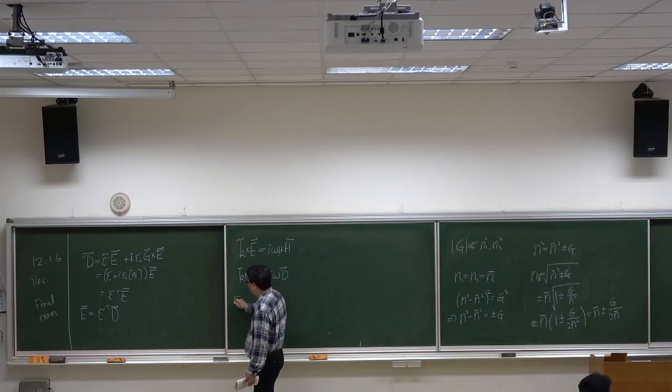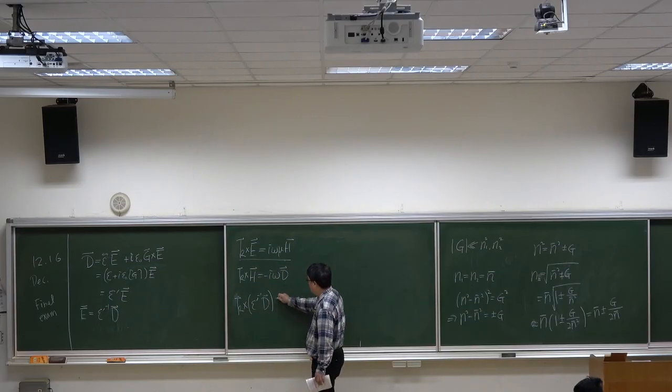So we need to rewrite E here as K cross epsilon prime inverse times D. Okay, equal to i omega mu H.